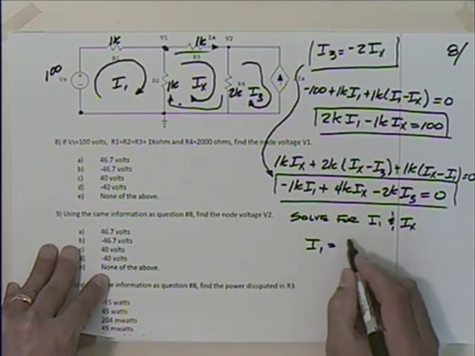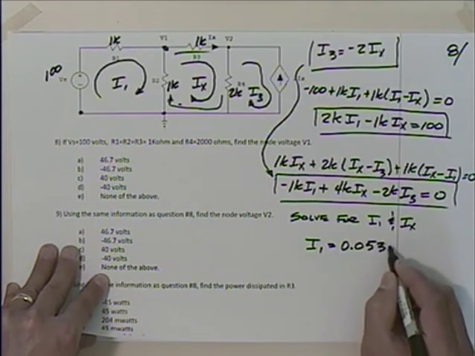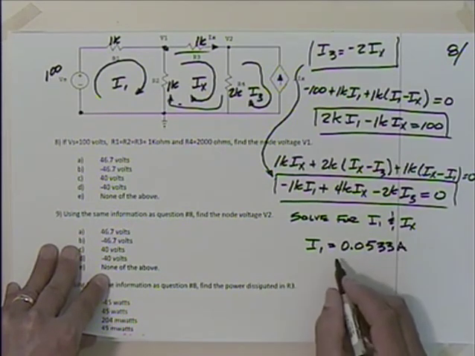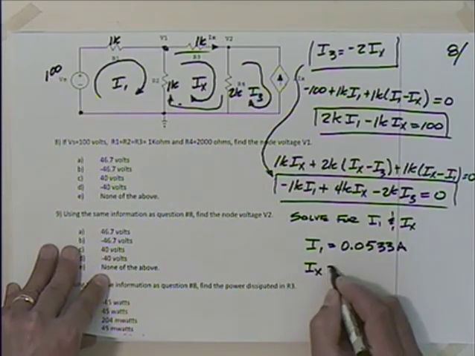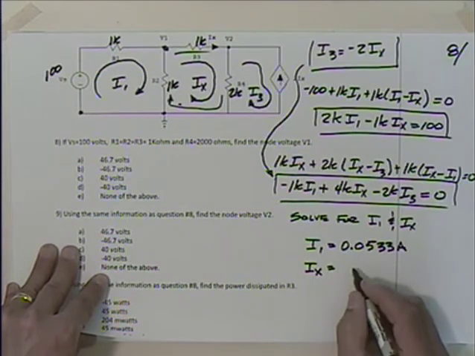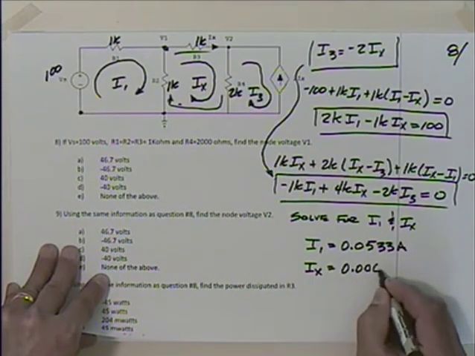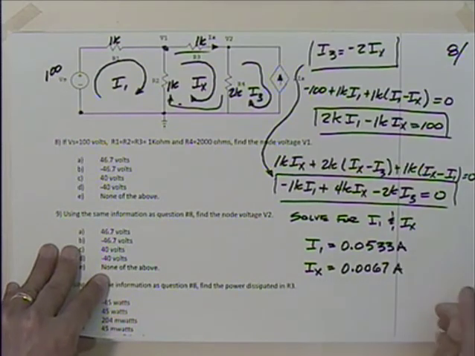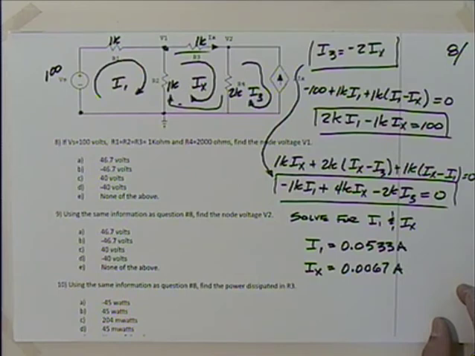I1 turns out with this to be 0.0533 amps, and IX then turns out to be equal to 0.0067 amps. Did I get that right? Yeah.